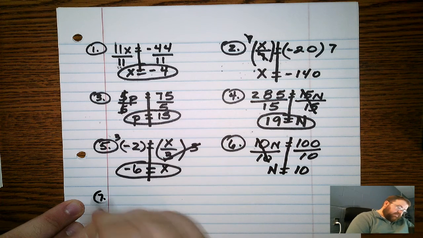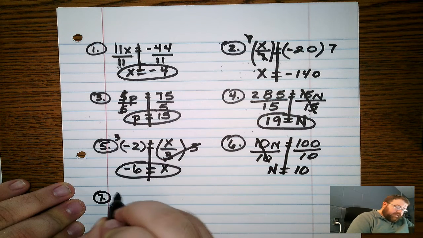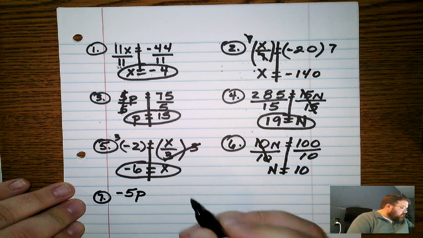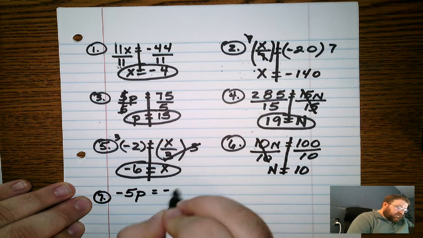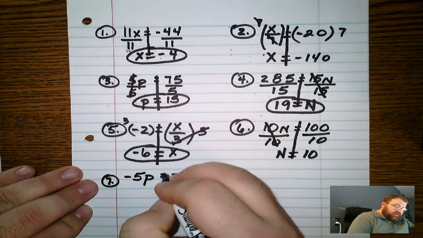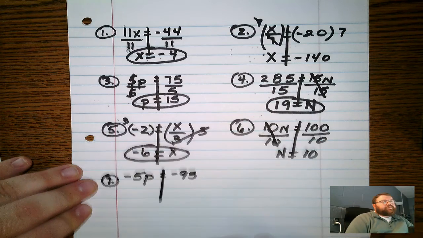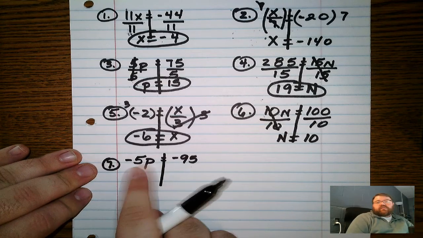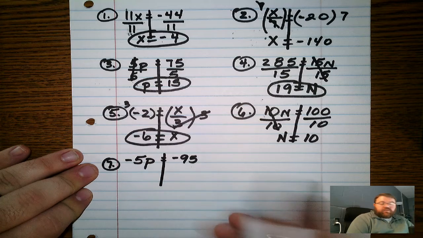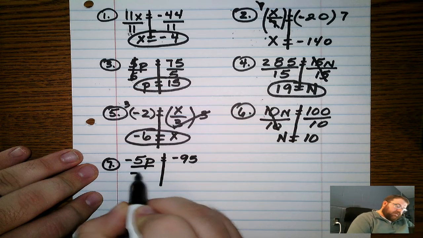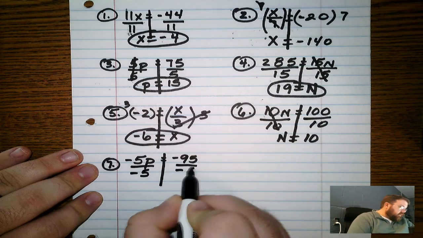Number 7, we have negative 5p is equal to negative 95. I'm going to draw my line. Now the negative 5 is trying to multiply by p, so the inverse operation is to divide by negative 5 on both sides.